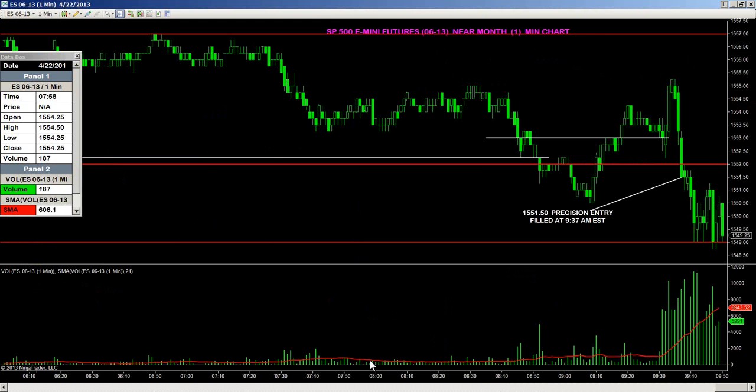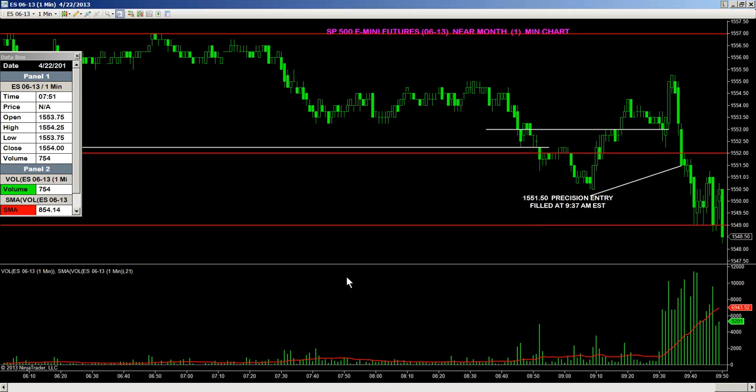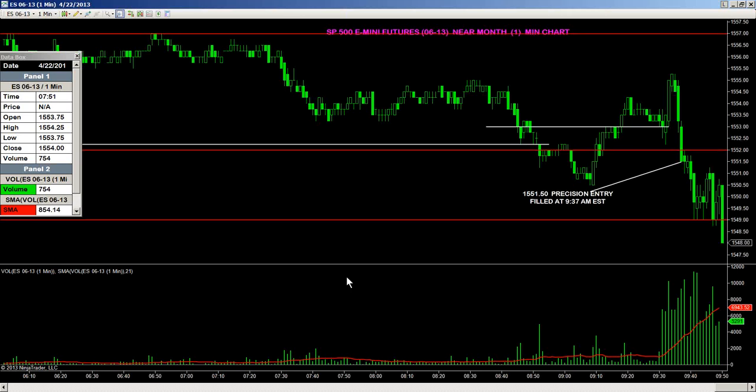1549.50, 1549, out, 1549. Trade may continue to move to the downside. We're interested in locking in a profit.